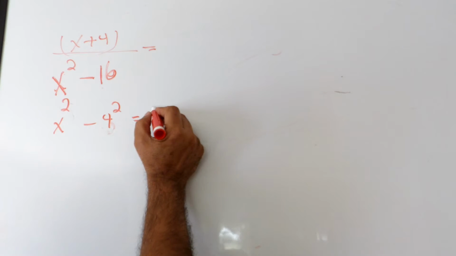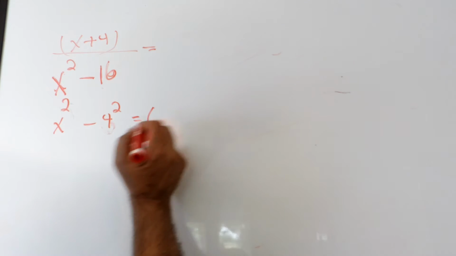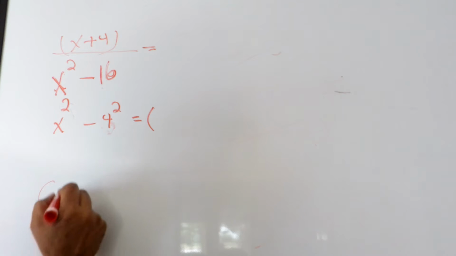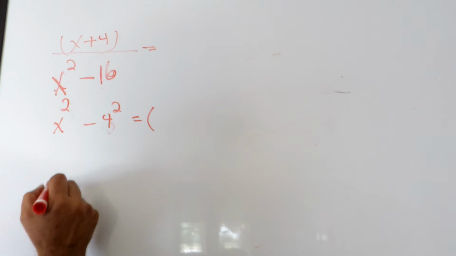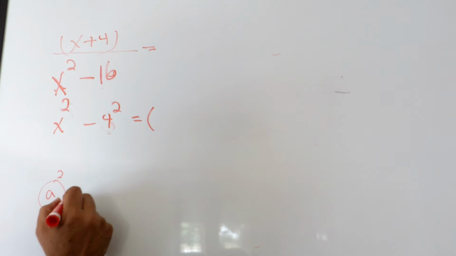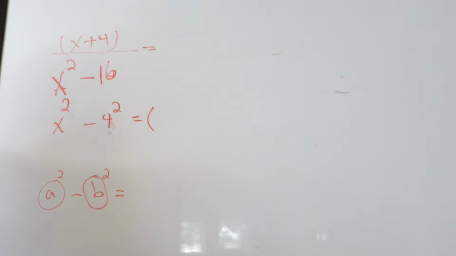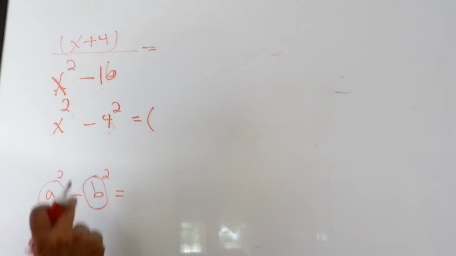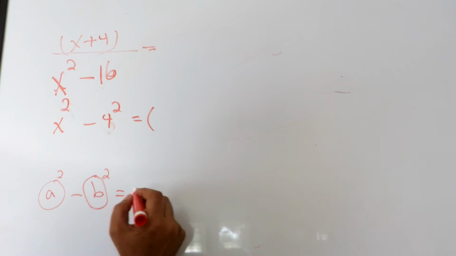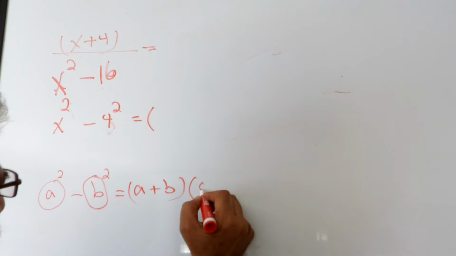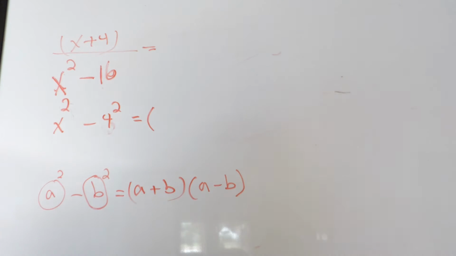What you should always remember is that if you have something squared here, a squared, and then minus b squared, another expression that is a square, it's going to be a plus b times a minus b if you write it in factor form.